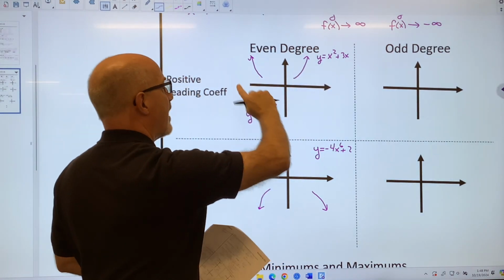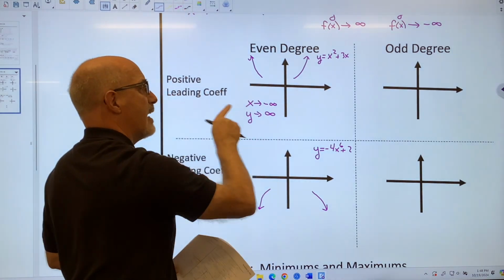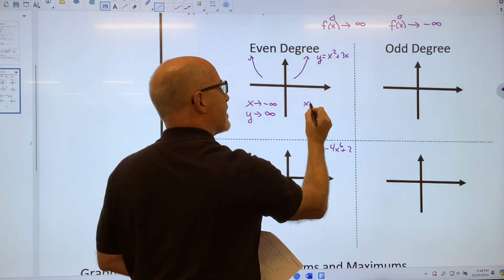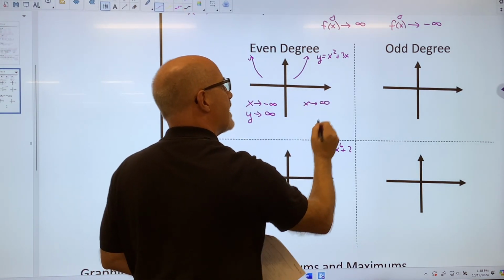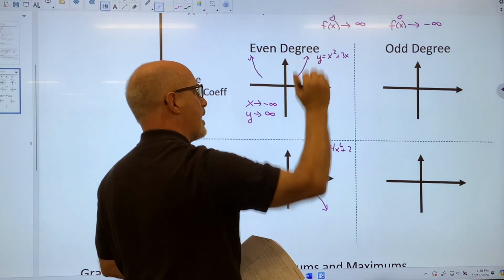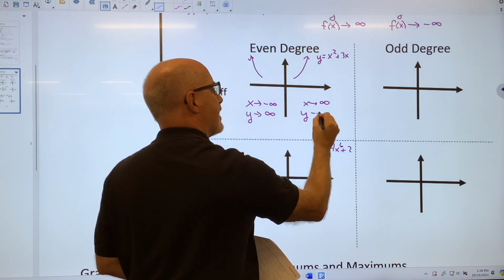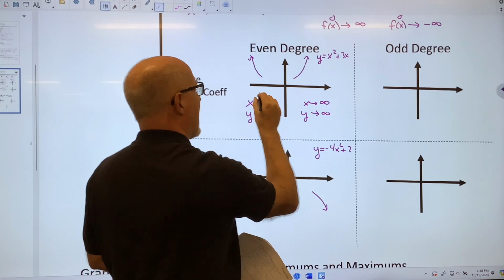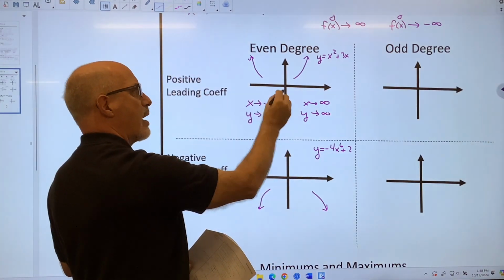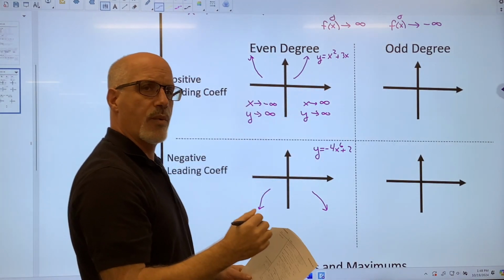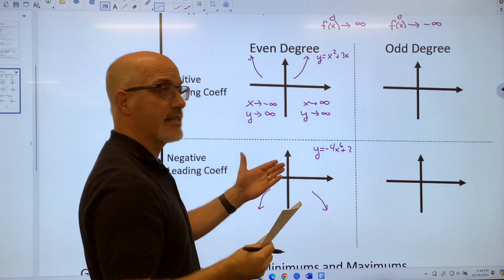As we go to the left, the graph is going up. As we go to the right, which is x goes to infinity, the graph is also going up, so the y goes to infinity. So this is what the end behavior is of the graph. That's what we're showing right here and how we list it.